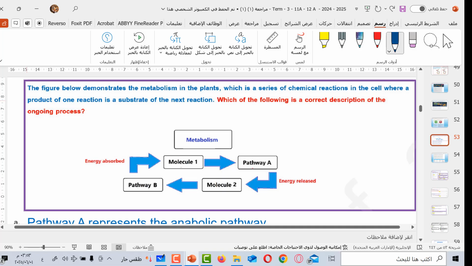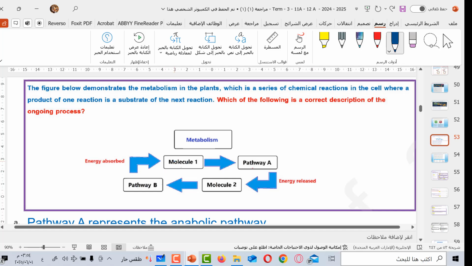He asks which of the following is a correct description of the ongoing process. I think this is from metabolism. Okay, here molecule number 1 in pathway 1, energy released.